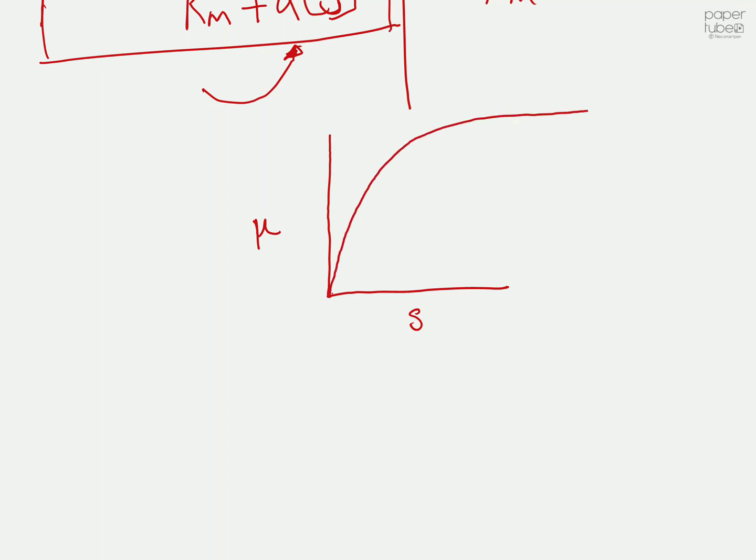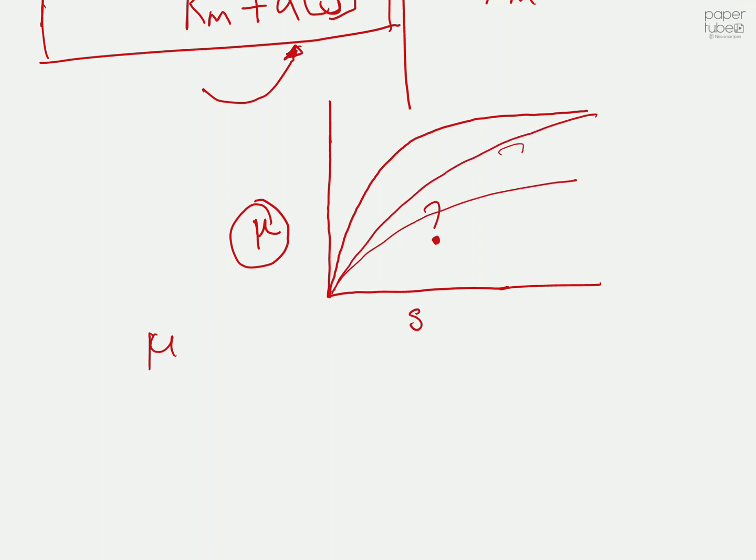If you repeat the same experiment in the presence of an uncompetitive inhibitor, how will your initial velocity change with respect to substrate concentration? Where will this curve be? We need to know how to deal with this uncompetitive inhibitor.